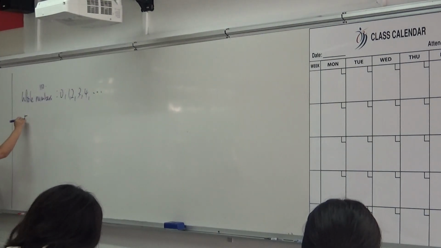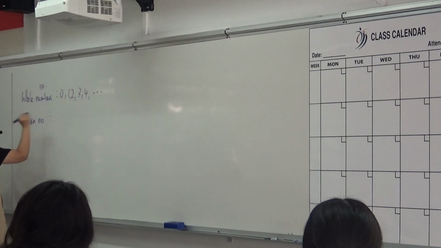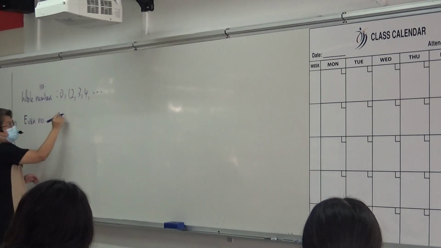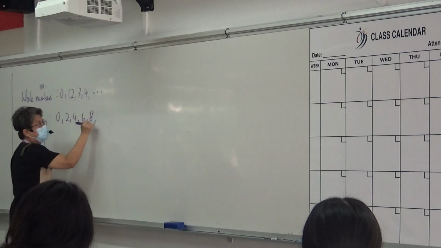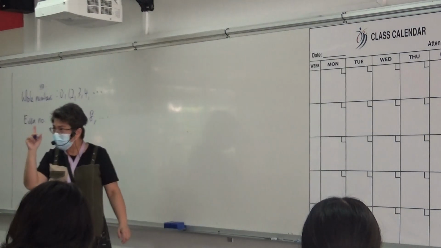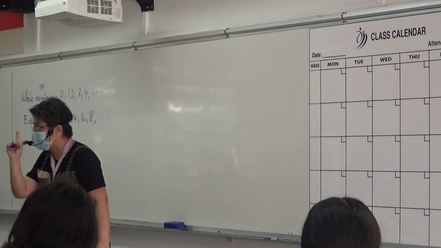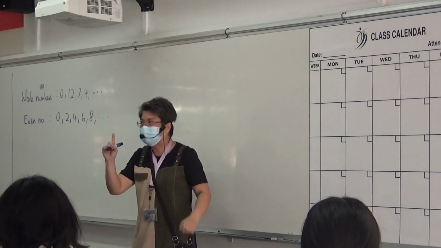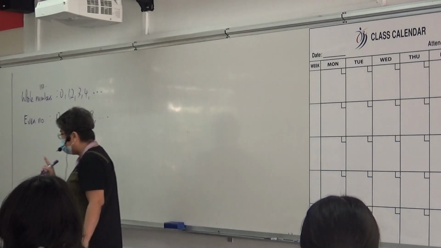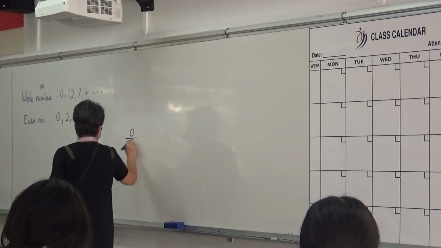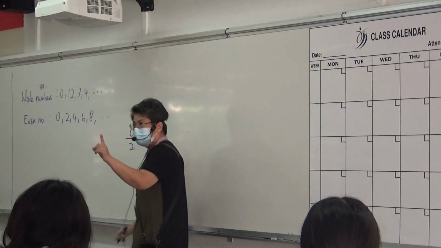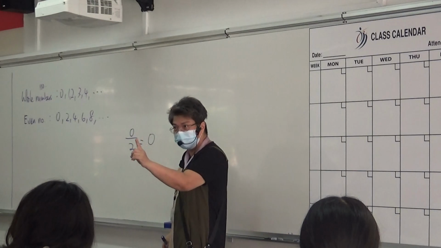Now, I think you know what this is? Even number. 0 is an even number. As long as the number is divisible by 2, it's an even number, because 0 divided by 2 is 0, which is still a whole number.